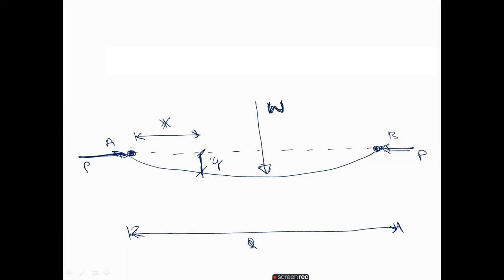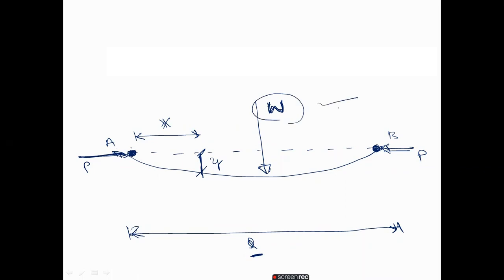Now we will calculate the bending moment for this section. My dear students, once again I will repeat. Here we are taking AB, this is A and this is B. This is a strut, and we apply the axial load P, the length of the strut is L, and we are applying the transverse point load W here.